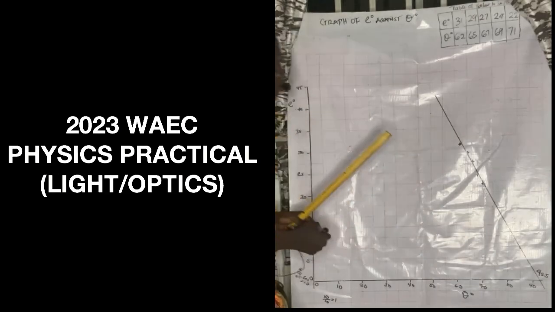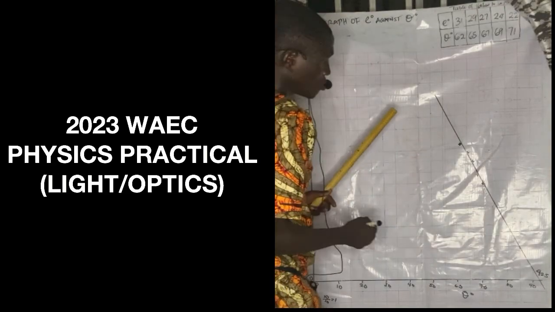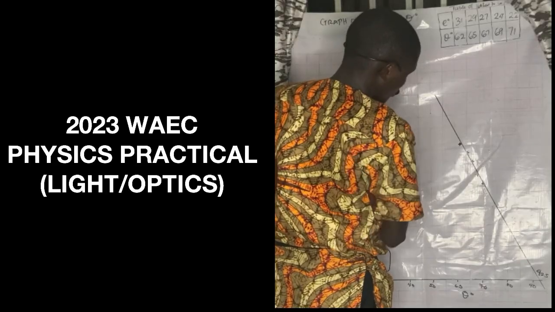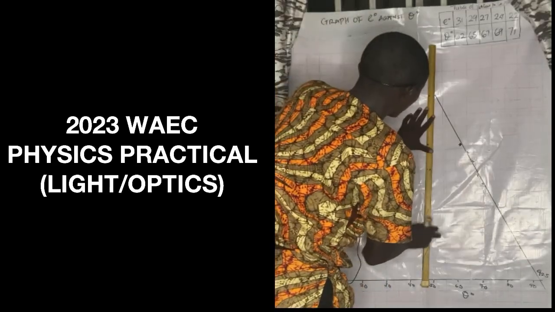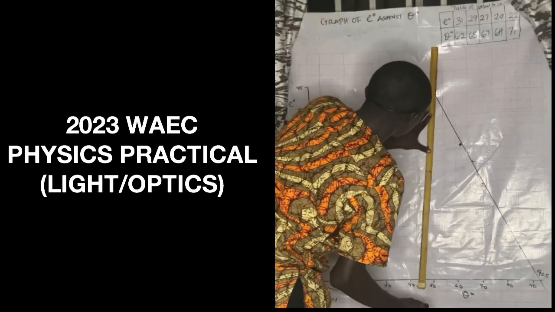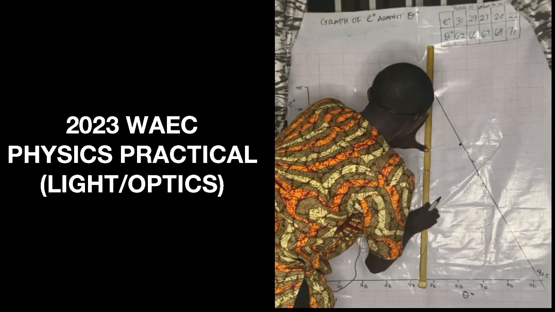Please note that 92.5 is your intercept. So it takes at least 3 points here, 1 on the top, 1 there. So let's plot the slope. Not to waste much of our time, I'm plotting the slope now.